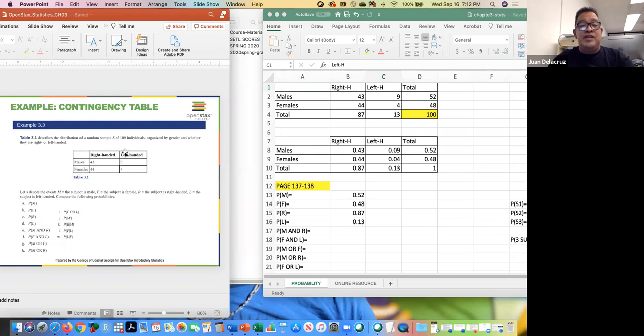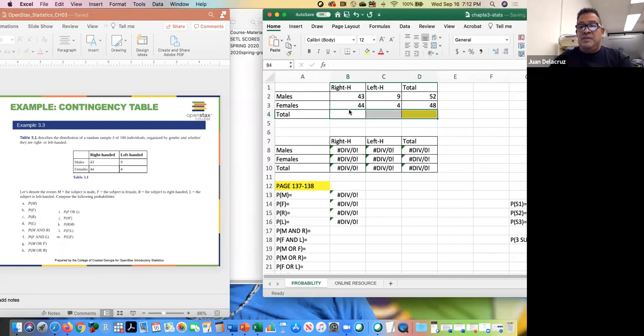So we have 43 males who are right-handed. We have 44 females who are right-handed. On the other side, we have 9 left-handed males and 4 left-handed females.